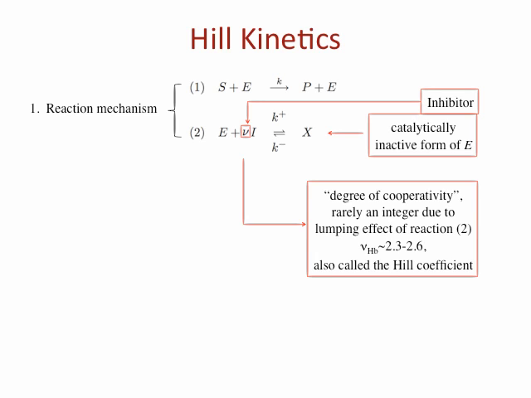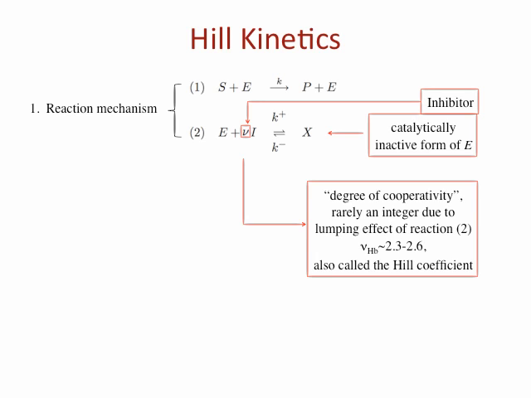However, you can fit this rate law that we are about to derive to experimental data and compute what that coefficient nu is. And for instance, in the case of oxygen binding to hemoglobin, the measured number is 2.3 to 2.6, whereas we know that 4 molecules of oxygen bind to hemoglobin.